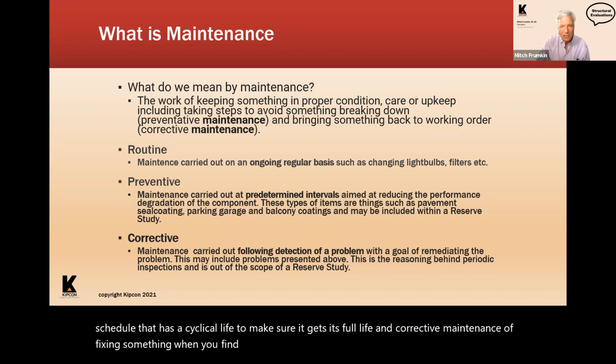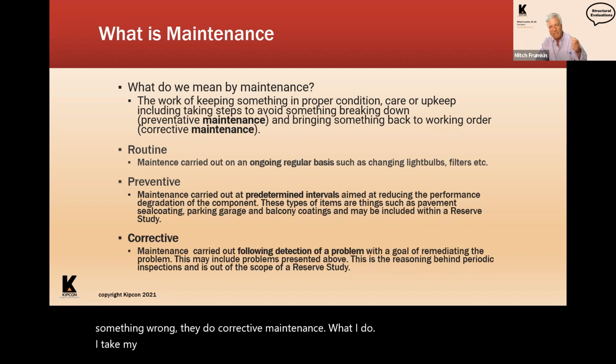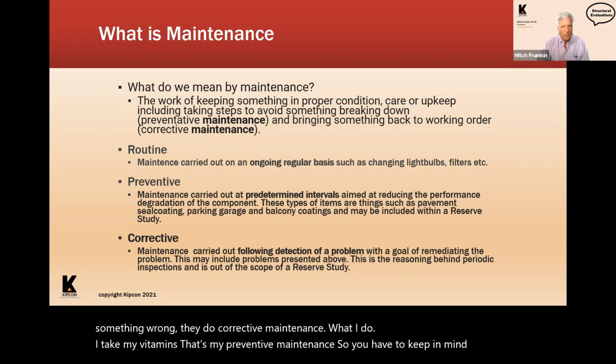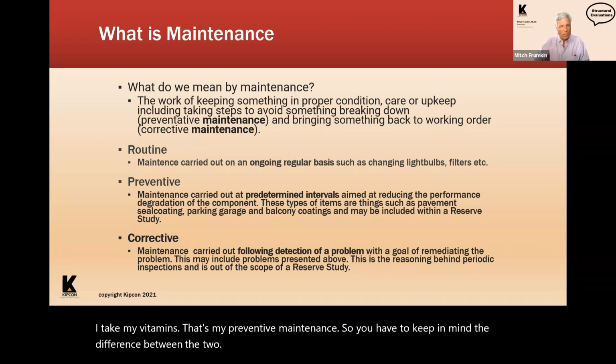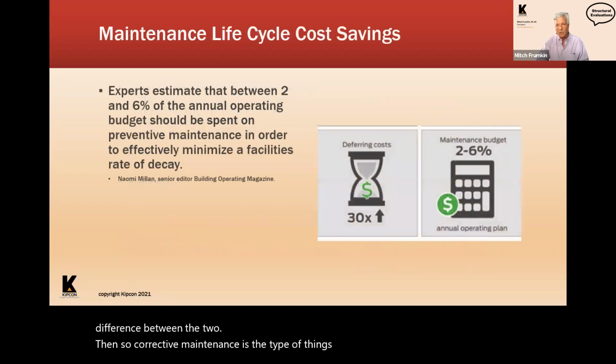Like when I go to a doctor and they find something wrong, they do corrective maintenance. What I do is I take my vitamins, that's my preventive maintenance. So you have to keep in mind the difference between the two. Corrective maintenance is the type of thing that periodic inspections help with.